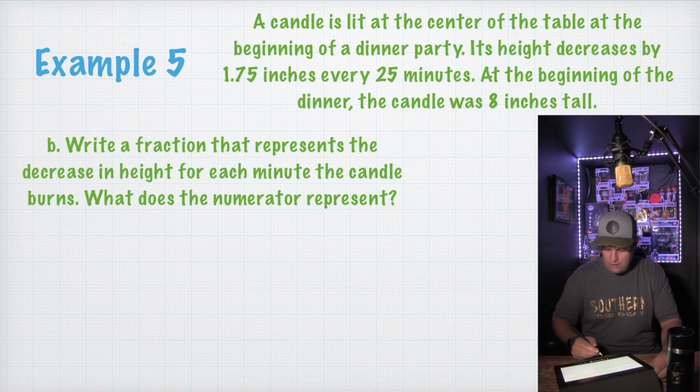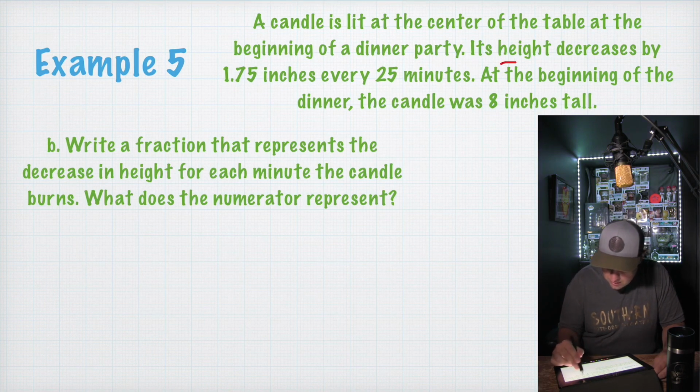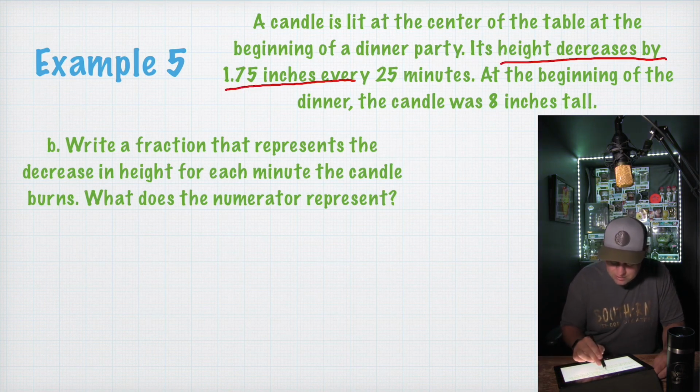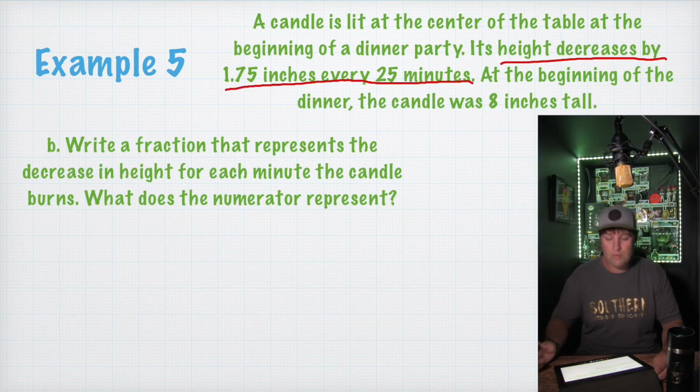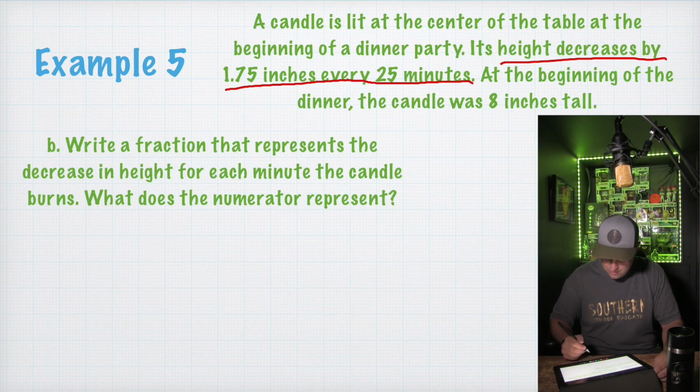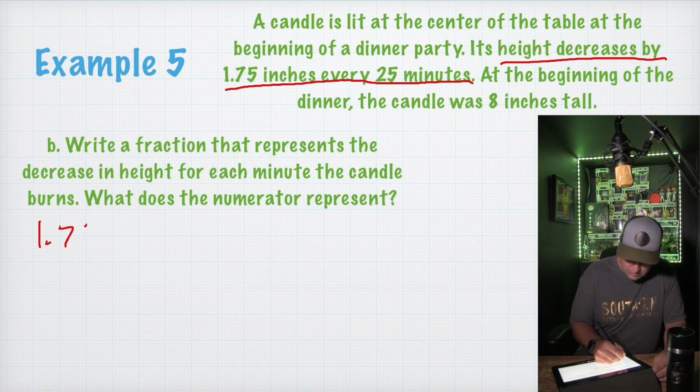So, if we look, we're told that the height decreases by 1.75 inches every 25 minutes. We want to know for every 1 minute. So if we divide, let's go ahead and write this down, negative 1.75 over 25.